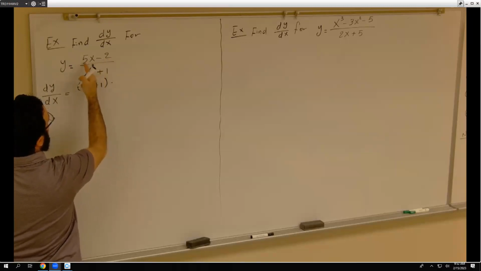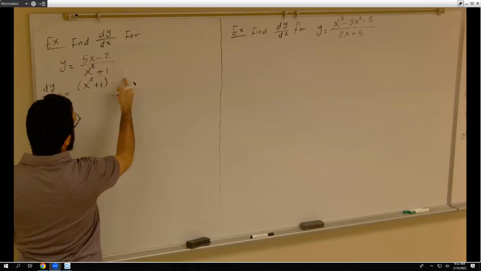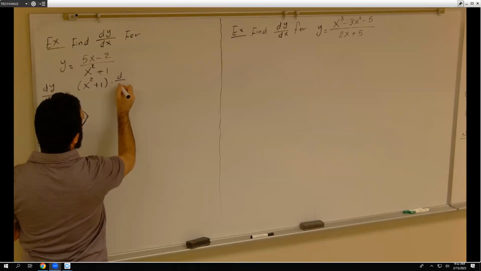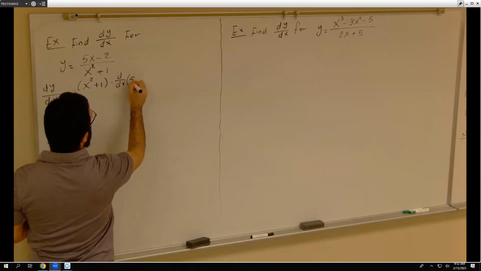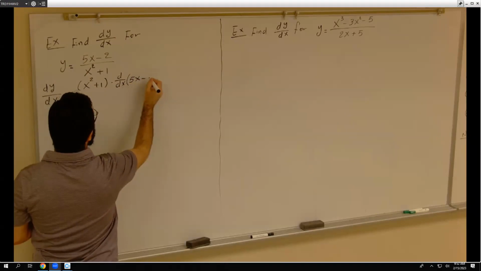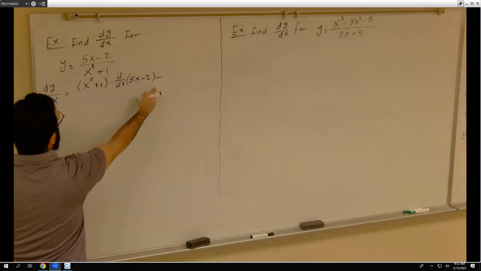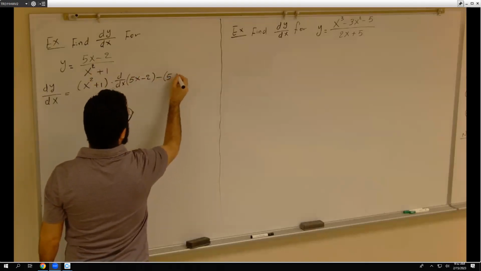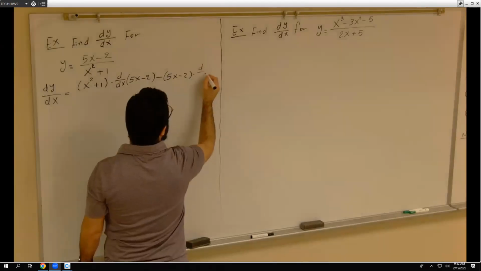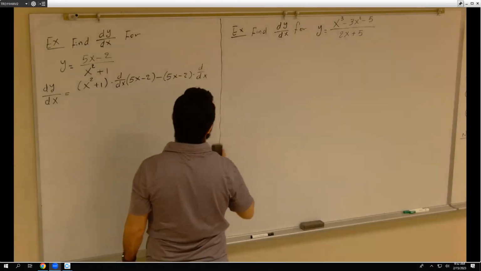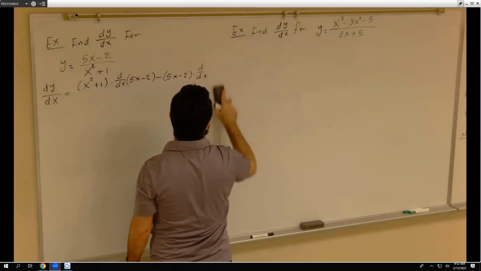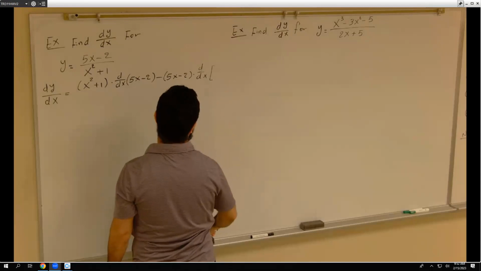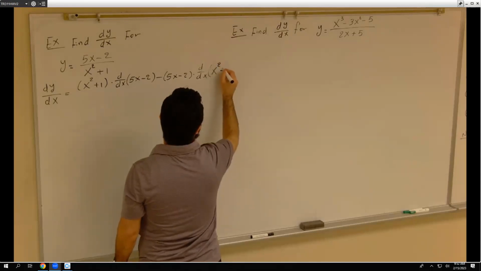If you want to write down the rule, let's write down the rule. d over dx of 5x minus 2, minus f of x, which is 5x minus 2, times the derivative d over dx of g of x, which is x squared plus 1.